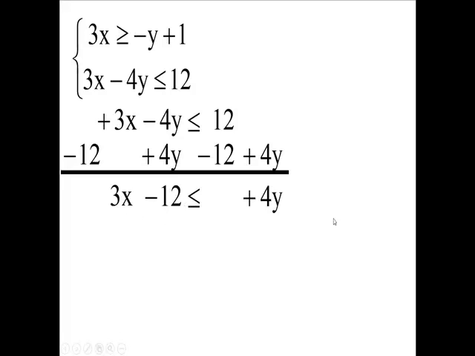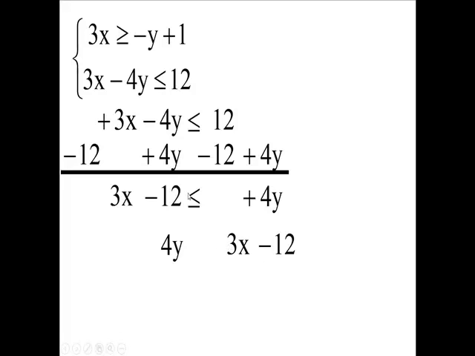That's the way I'm going to write that. If 3x minus 12 is smaller than 4y, then 4y must be larger than this. So put the 4y, put the 3x minus 12 down, and if this is smaller than this, this must be bigger than this.